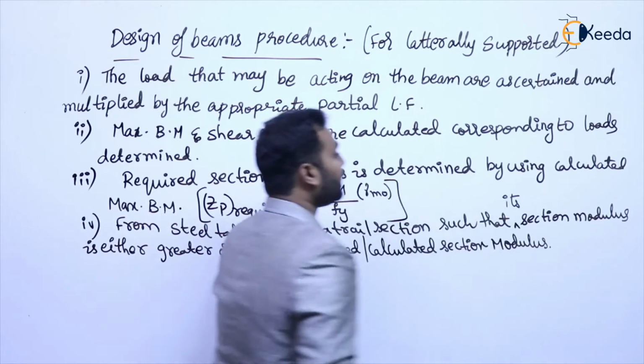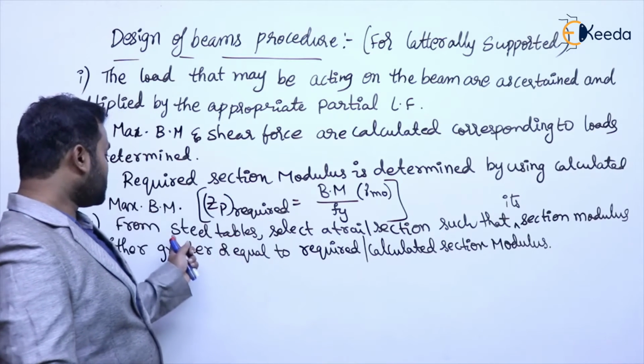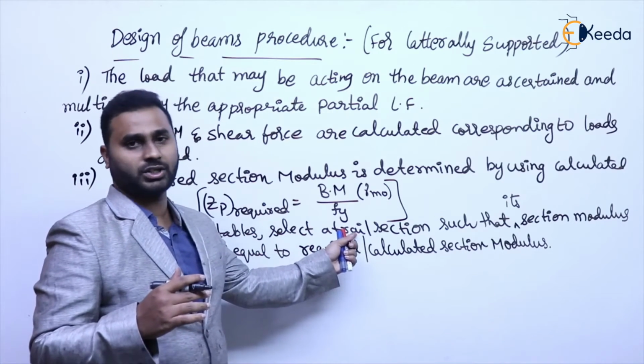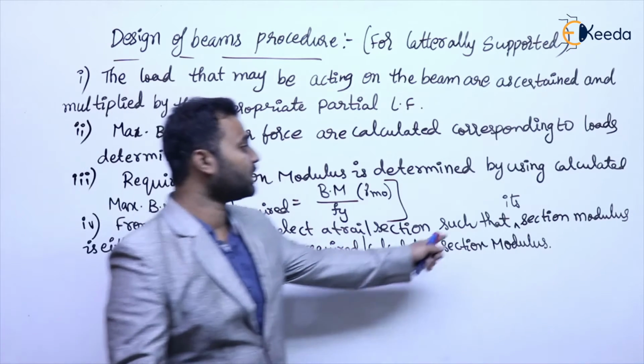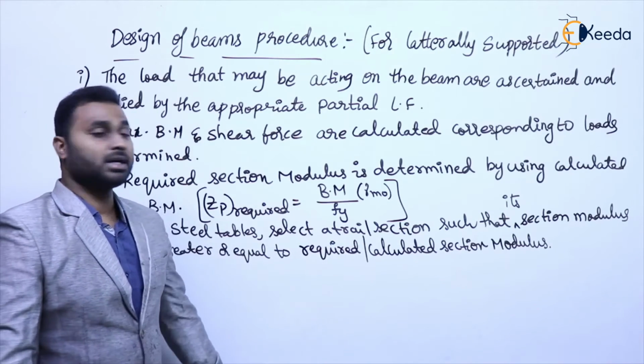It means after determining the required section modulus with this formula, we'll take steel tables, and in the steel table we'll select one trial section such that its section modulus should be greater or equal to the required or calculated section modulus.